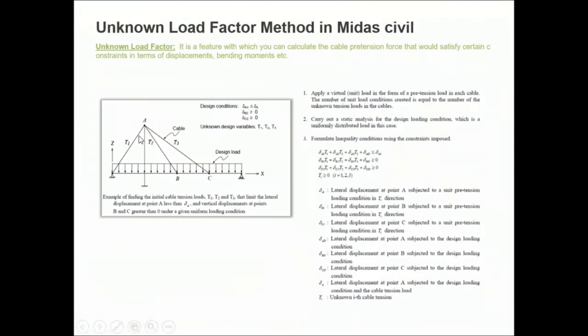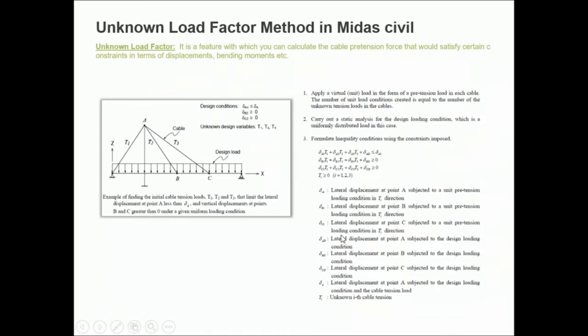This is one example: if you have a sample bridge where T1, T2 and T3 are your three pretensions, and there is a design load, and you give the constraint conditions something like this, like the top of the pylon should move only 10 centimeters.